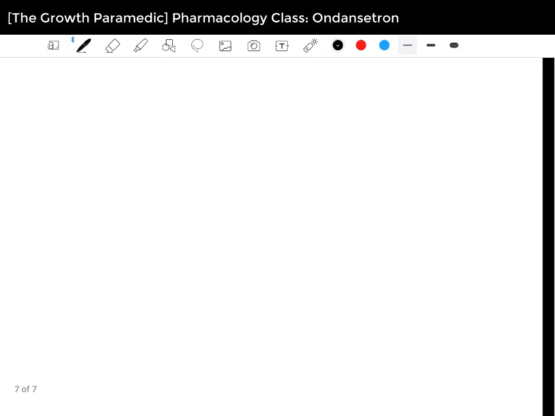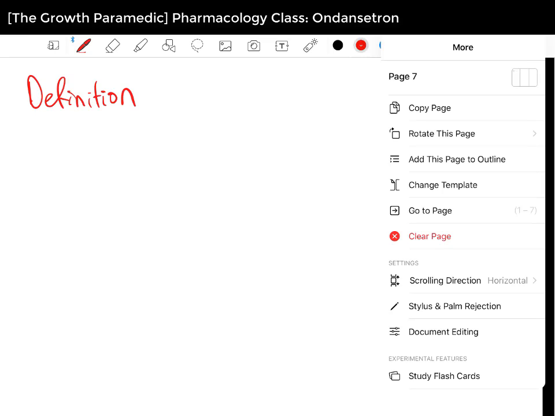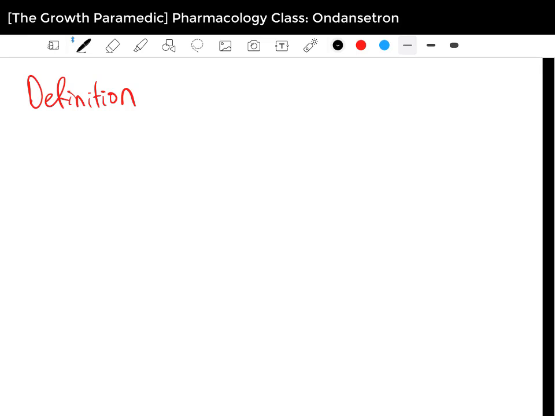Okay, so let's go to the definition. Ondansetron is an antiemetic.